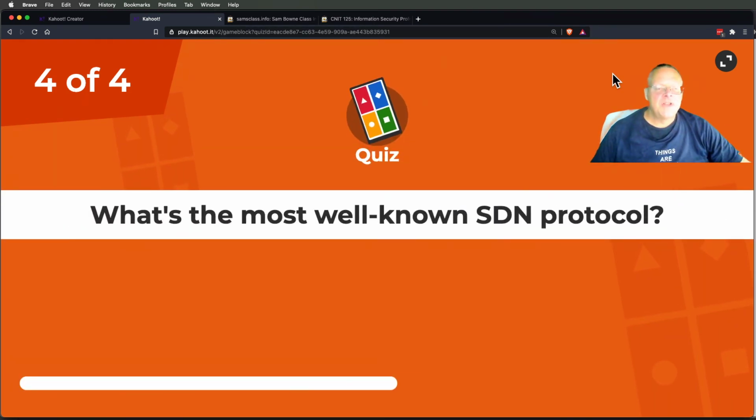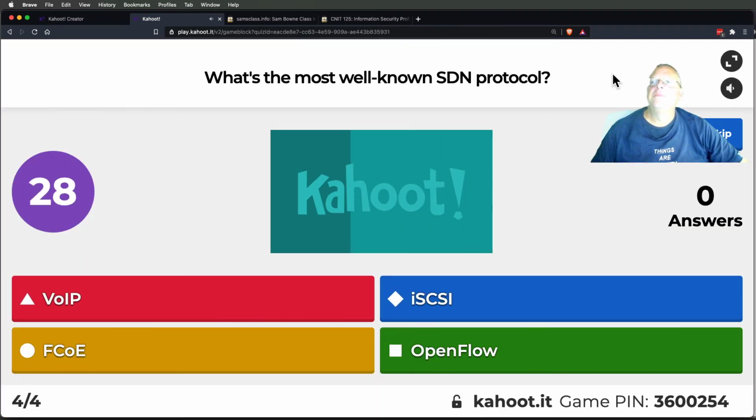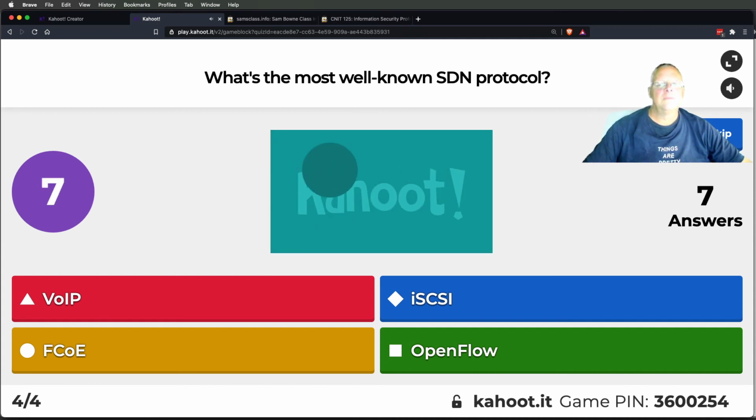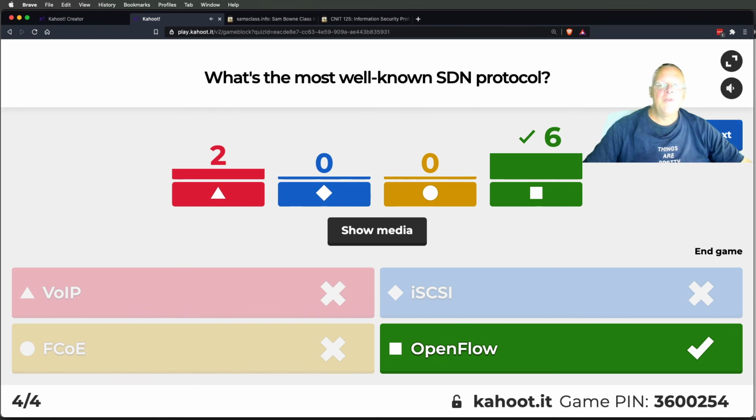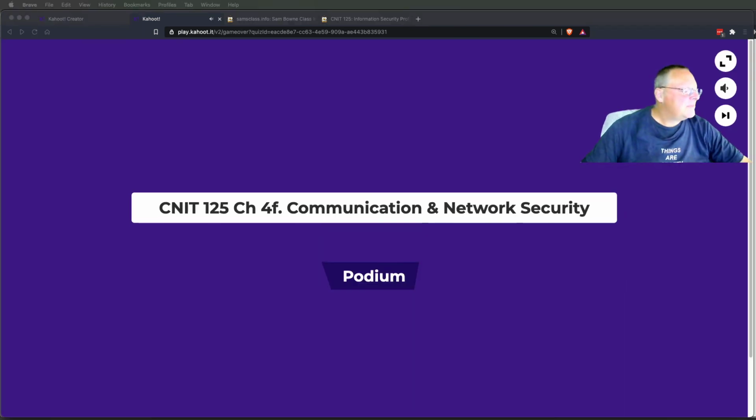All right, and what's the most well-known SDN protocol? That's it, OpenFlow. All right.